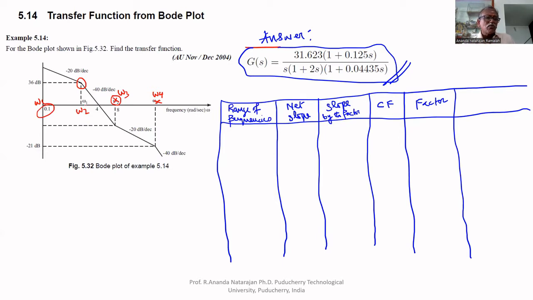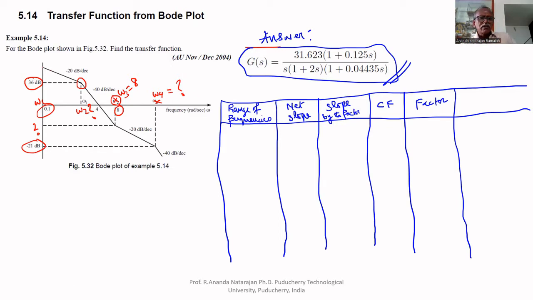At omega 2 the frequency is not given, but the magnitude is given. At omega 3 the corner frequency is given as 8 and the magnitude is not given. Here, the magnitude is given, but the corner frequency is not given. For this, we have to find the transfer function.